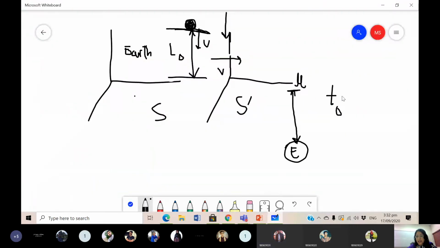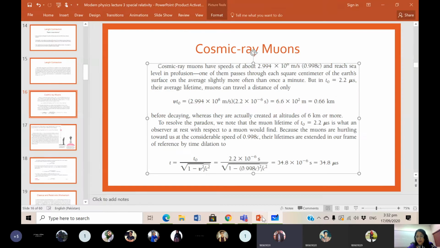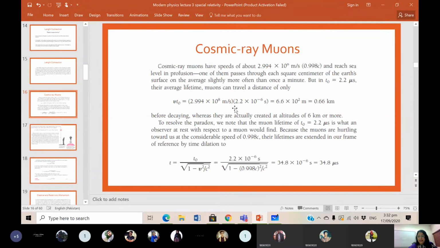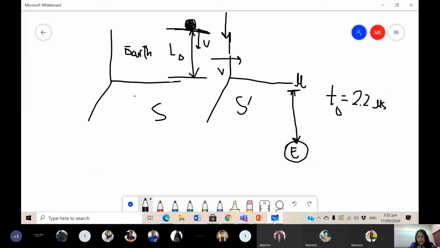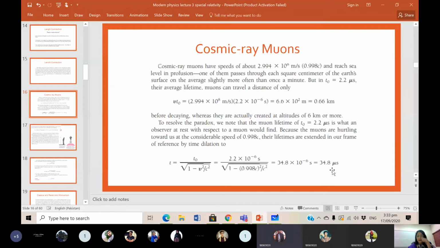Their average lifetime is 2.2 microseconds. And we're saying here that the distance they can travel before decaying is 0.66 kilometers. But the actual distance, what about time dilation? Will there be an effective time dilation as well?